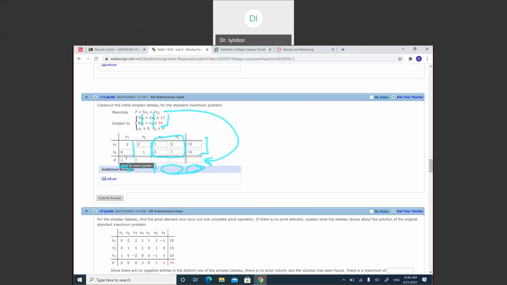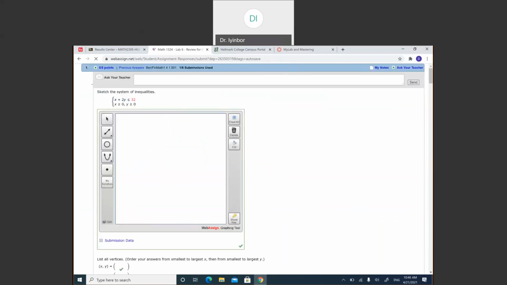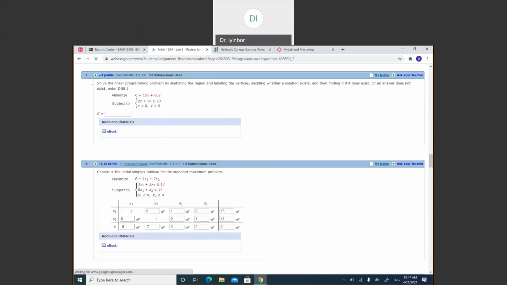So -5 opposite, and -7, and then everything else is 0. So that's how you fill out this table, and that's all. And this is called the simplex method, to plug it in this table and then calculate it with computers.